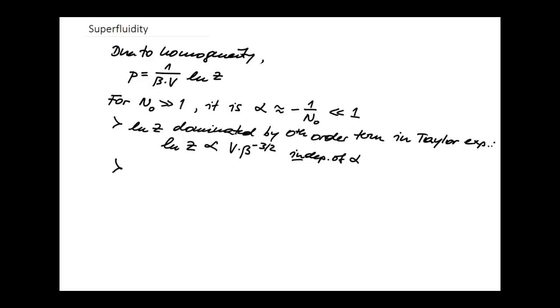Inserting this into the formula for the pressure above gives pressure proportional to, well, the volume cancels out, and we divide by beta, so this is proportional to beta to the minus 5/2, or proportional to temperature to the power 5/2.